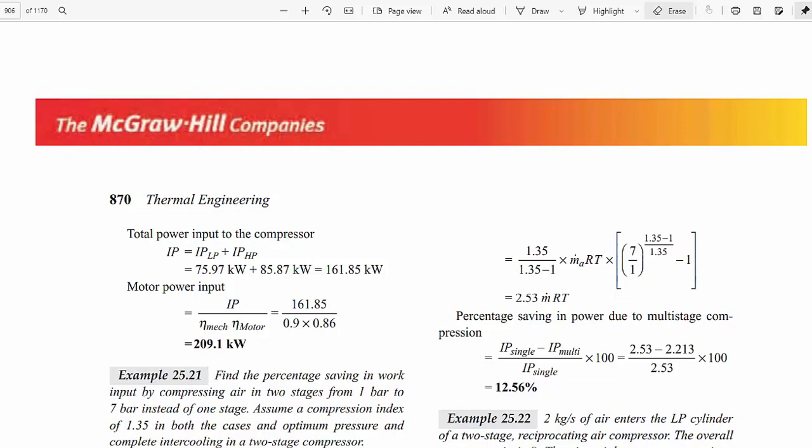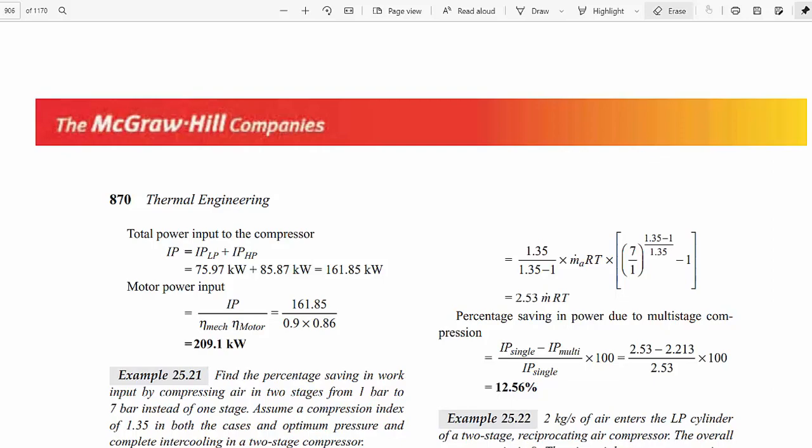First, the compressor power required, the total indicated power, is equal to 161.85. Then next step, brake power: brake power equal to indicated power times mechanical efficiency, and then motor power is equal to that brake power divided by motor efficiency. In this way we can also calculate the motor power, but here they directly put both efficiencies in the denominator and calculate the motor power input.